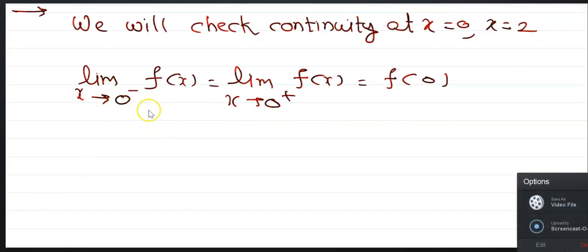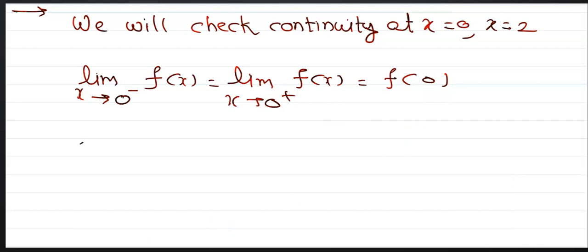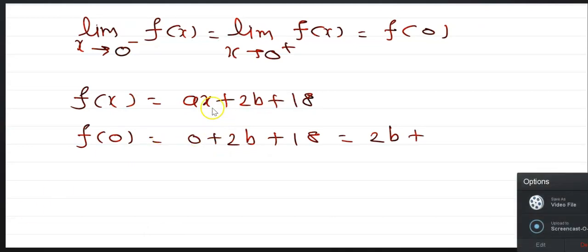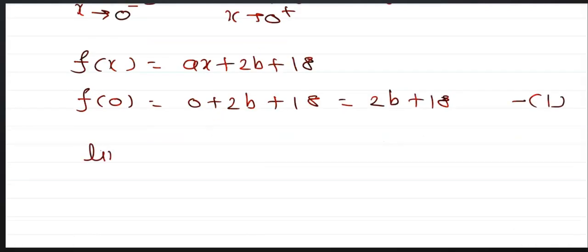That is, the left hand side limit and right hand side limit as x tends to 0, and the value of the function at x equals 0. F of 0 is equal to ax plus 2b plus 18; replacing x by 0, you get 0 plus 2b plus 18, that is 2b plus 18. This is number 1.